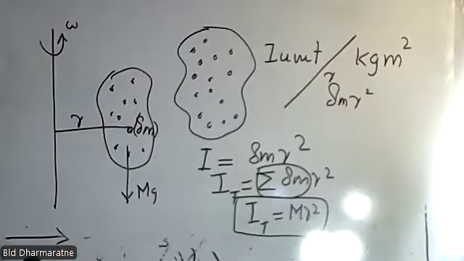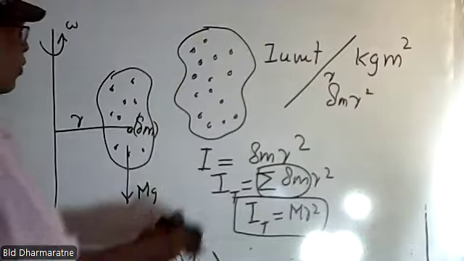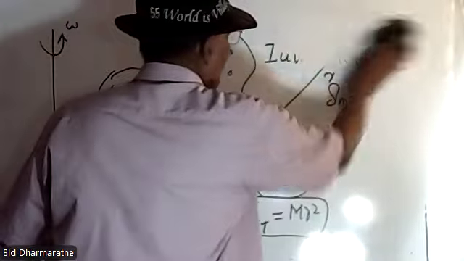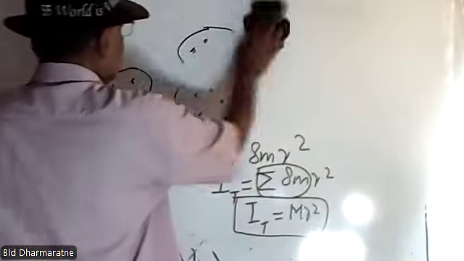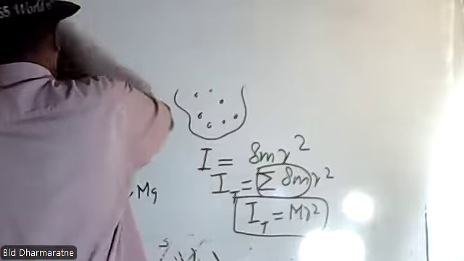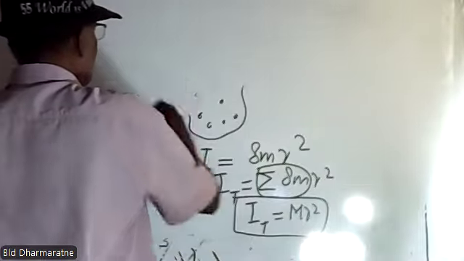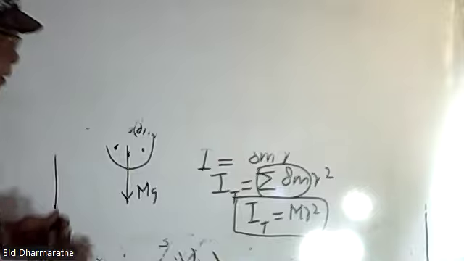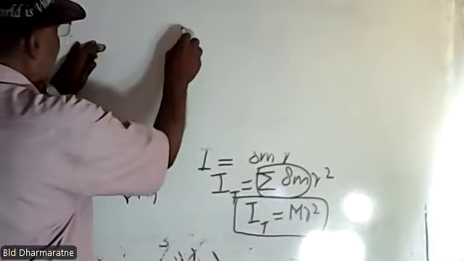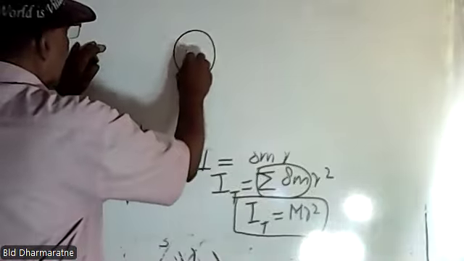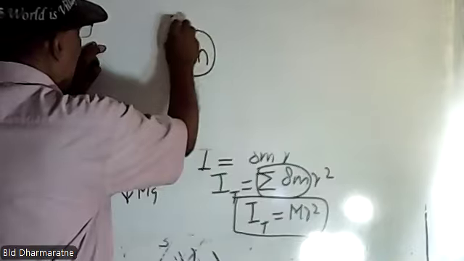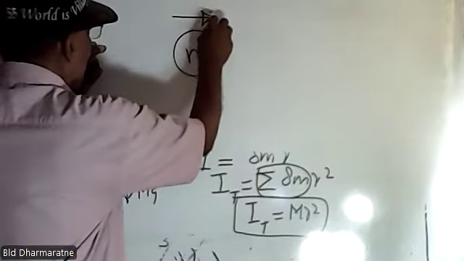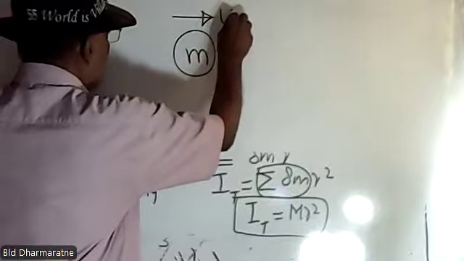At the same time, I am describing angular momentum. Before angular momentum, I am introducing linear momentum. Linear momentum is mass into velocity. A body of mass m travels with velocity u.